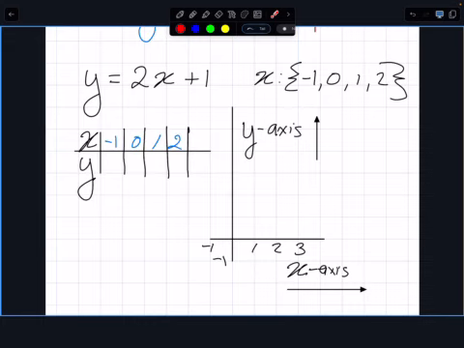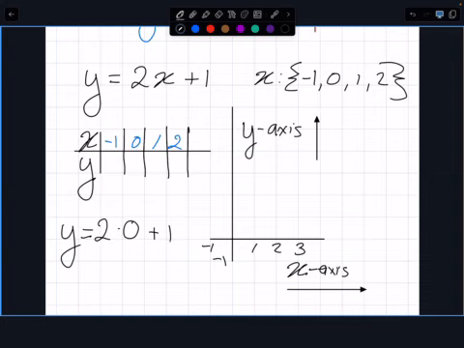When x is 0, what is the y value that belongs to 0? That is correct. So, y value is 2 times x value is 0, and you add 1. So your answer is 1.